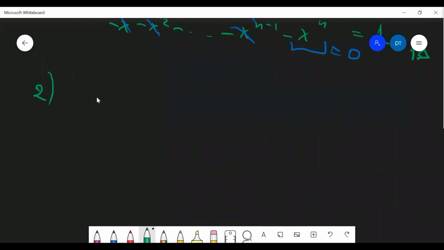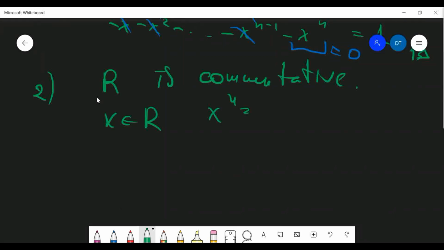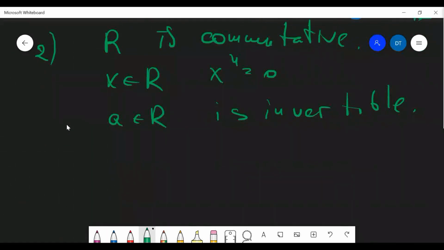The second part is, suppose that x in R, so R is a commutative ring as before, x in R is nilpotent, and a in R is invertible. Let's prove that a plus x is invertible.